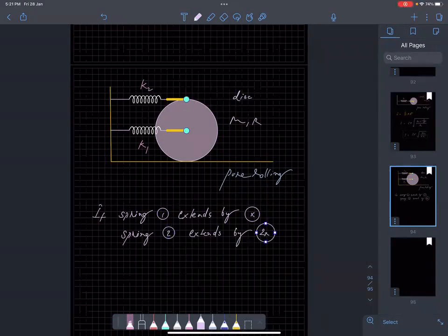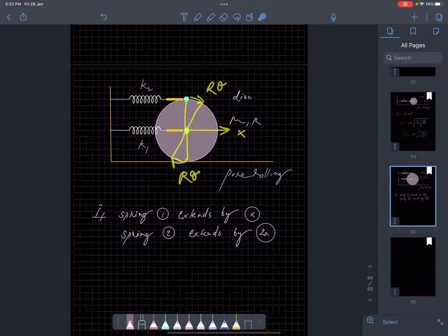When the spring goes a little forward, the displacement of the center of mass will be X. Now, with respect to the center, this thing will rotate in this direction by r theta.